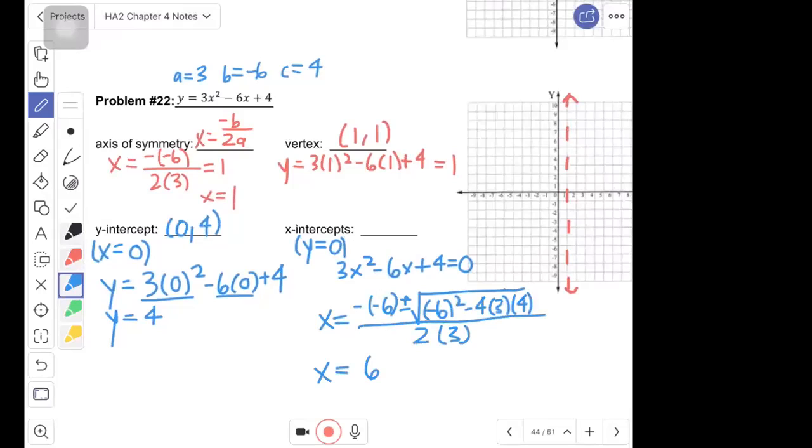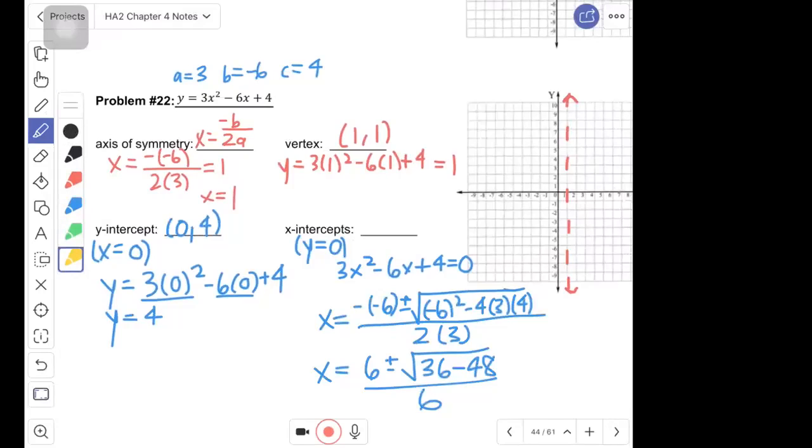This gives us 6 plus or minus, inside the square root, we have 36 minus 48, all over 6. And we can see in here, we're getting a negative under that square root. 36 minus 48 will give us a negative 8.